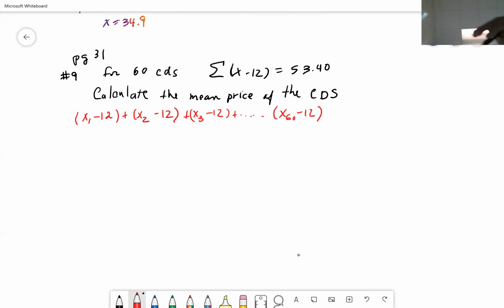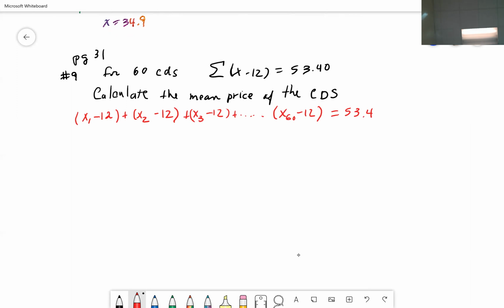And when you add all these up, you have this amount, 53.4. Now, I want you to think about this. How many negative 12s do I have there? 60. You said 4, I know, but you see why it's 60?